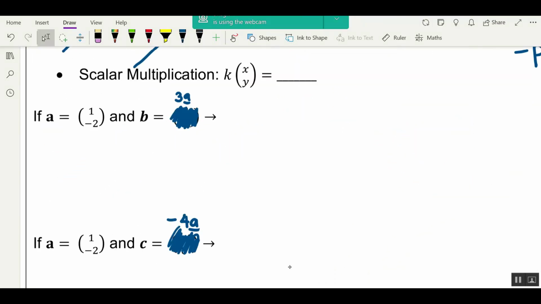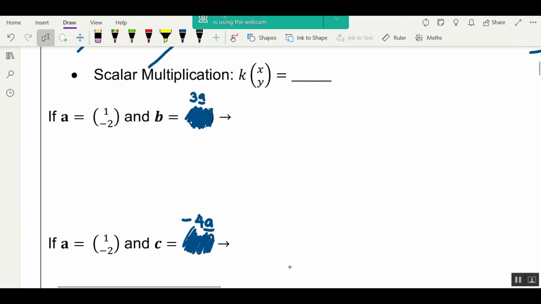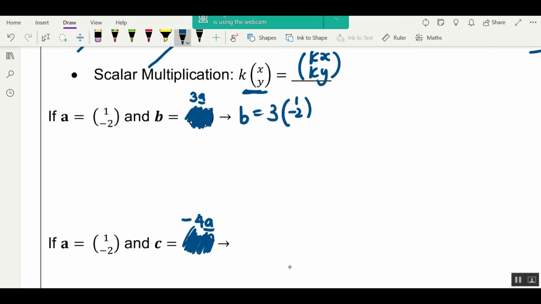The next part is scalar multiplication. It just means multiplying a constant in front of the vector. The constant is multiplied to both the top and the bottom numbers. If A is equal to 1, -2, and B is equal to 3 times A, this means that B is equal to 3 bracket 1, -2. Multiply the 3 to both the x and the y coordinate, so this will be 3, -6.